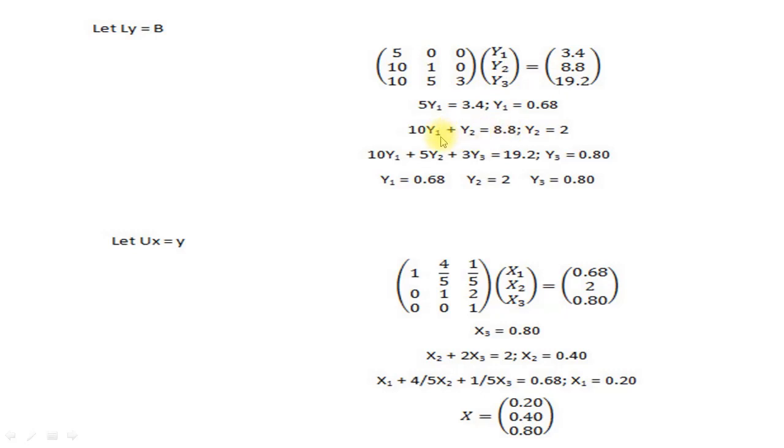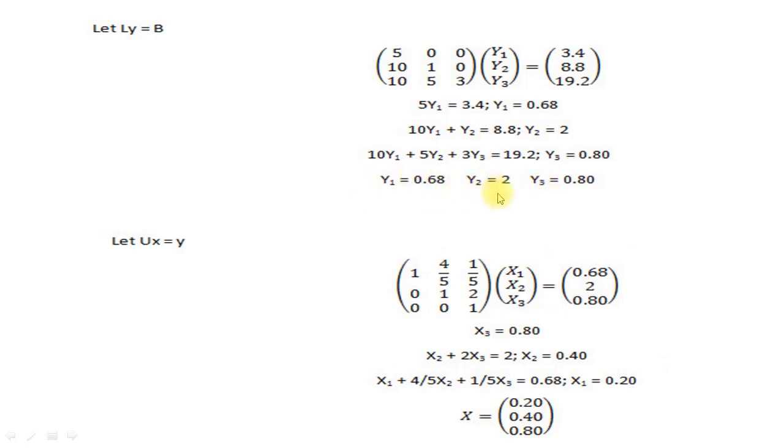Putting the value of y1 and after simplification, we obtain y2 is equal to 2. In the third equation, 10y1 plus 5y2 plus 3y3 is equal to 19.2. Putting the values of y1 and y2, and after simplification, we obtain y3 is equal to 0.80. So these are the values of y1, y2 and y3.